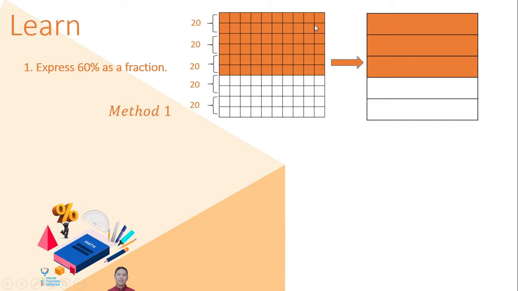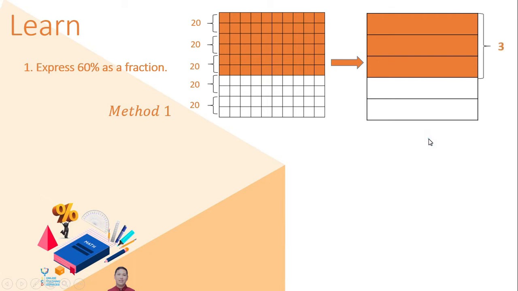As you notice, these 20 small squares can be represented by this one whole bar. So therefore, if we are going to count 60 small square grids, then that is equivalent to 3 whole bars.